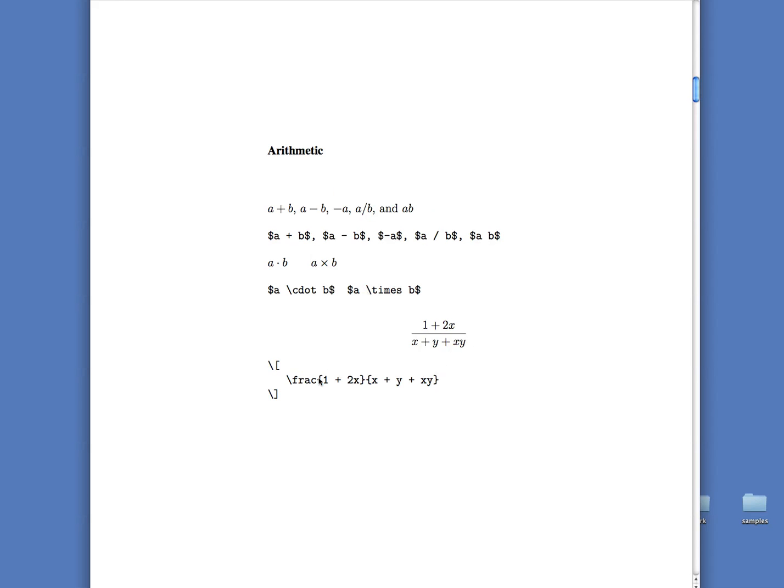Note that in displayed formulas you can use the \frac command for fractions. Normally it is not recommended that you use the \frac command in inline formulas, because that will really destroy your interline spacing.